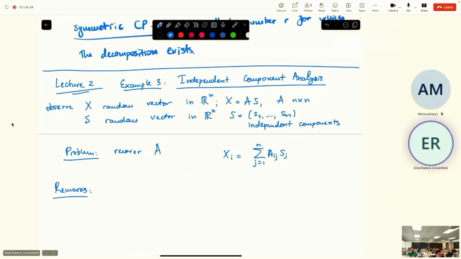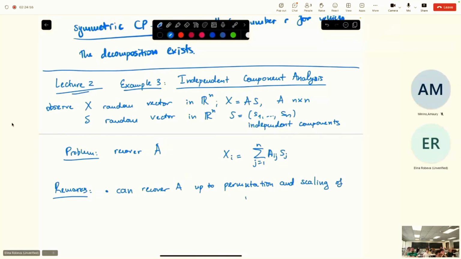We would like to recover A. If we could recover A uniquely, this would be up to permutation and scaling of its columns, because permuting the columns of A would be the same as swapping some of the entries of s, and that we cannot know.